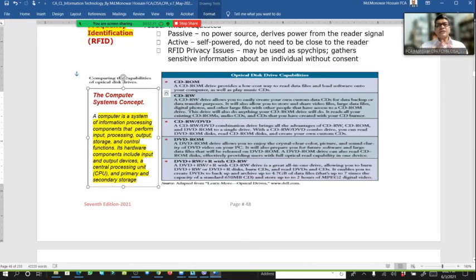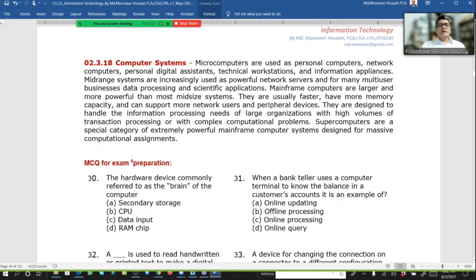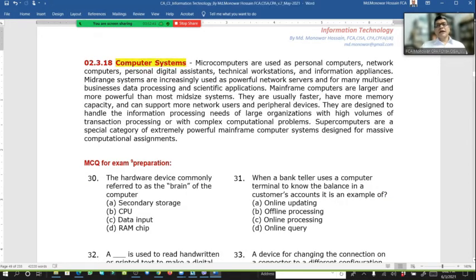Here, optical disks derive capability of CD-ROM, CD, etc. Microcomputers are used as personal computers, network computers, personal digital assistants, and technical workstations. Midrange systems are also used in scientific applications and as powerful network servers. A mainframe computer is very large, very costly, very powerful, and bigger than a midframe. So this is the computer system, we can say.